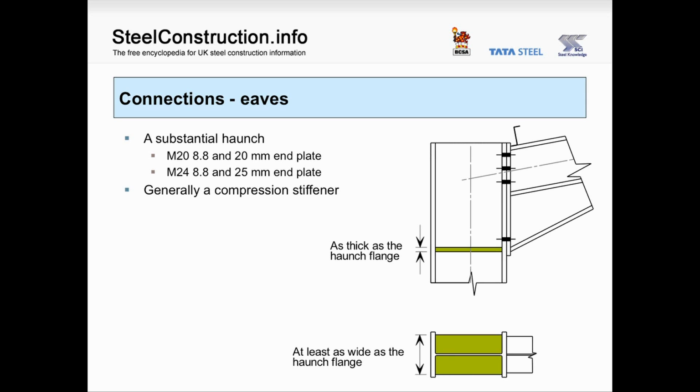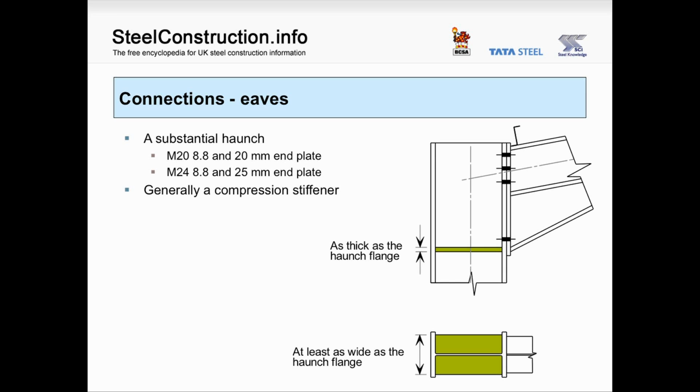The eaves connection is always going to be substantial. A simple rule of thumb is that the end plate is likely to be 20 millimeters thick and associated with M20 grade 8.8 bolts, or it might be 25 millimeters thick and typically associated with M24 8.8 bolts, or even thicker, perhaps with M30 bolts.